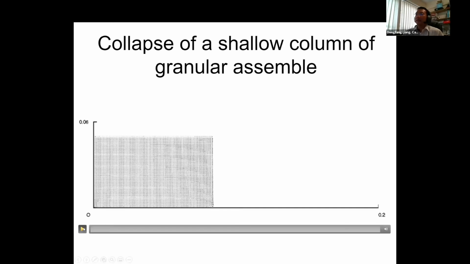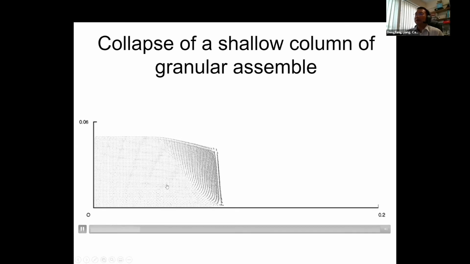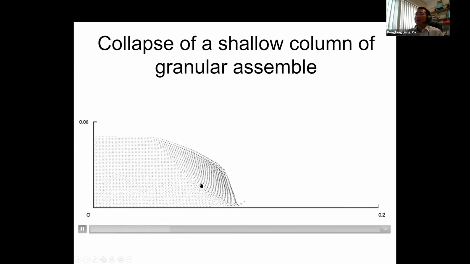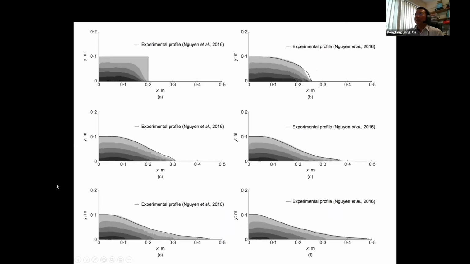And for a shallow soil column, only the right bit of the soil moves. We also compared our simulations with the experimental results.